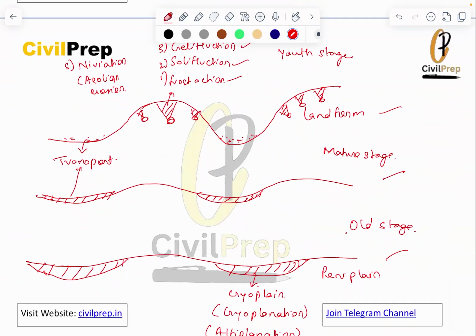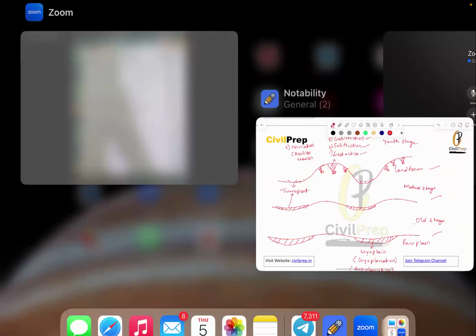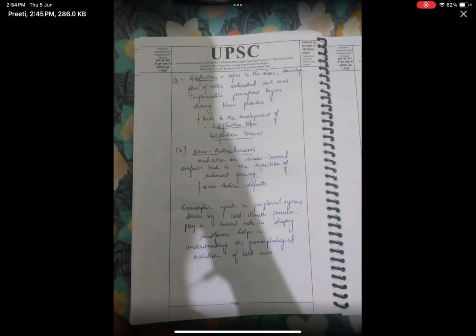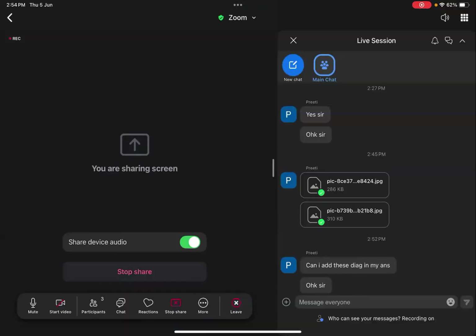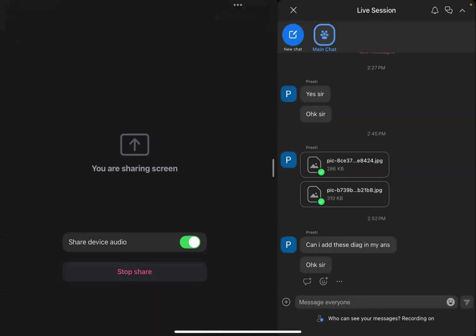Okay, Priti? Yes, you have to add those diagrams in the answer. Okay, you got a better view of the answer.